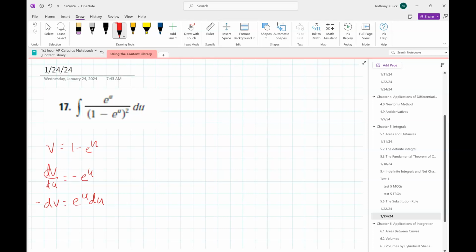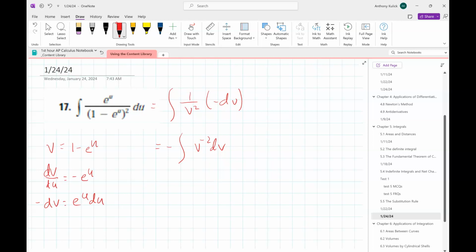So we'll make negative dv equal e to the u times du. So we have then 1 over v squared times negative dv, or we'll think about that as negative the integral of v to the negative 2 dv.